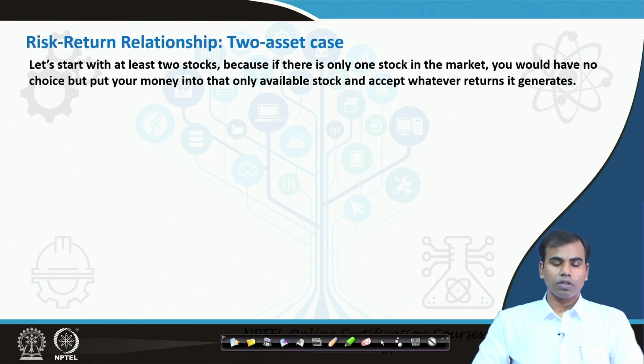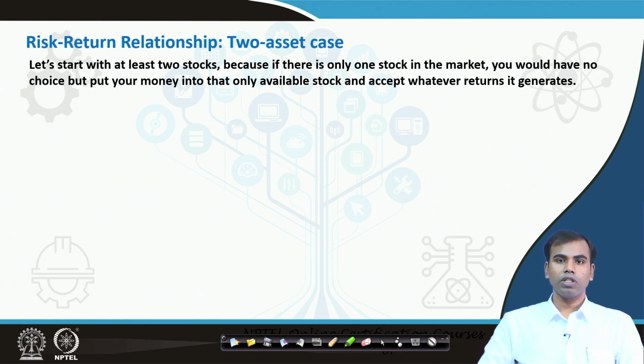If we talk about the risk and return relationship, particularly in the two asset case, it becomes very important to understand the relationship between these two assets. Because if we have only one asset in the market, we do not have any other choice but to put all our investment and savings in the same asset. Suppose you have just one investment avenue, that is a bank fixed deposit.